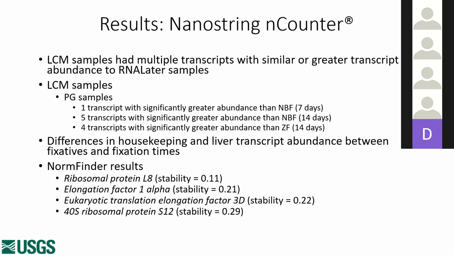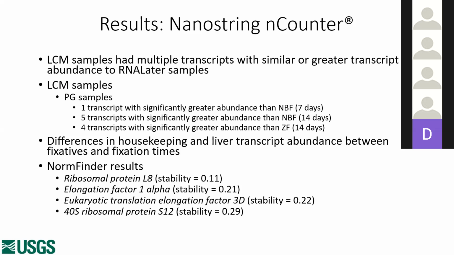There were actually differences in housekeeping and the other liver transcript abundances between the fixatives and fixation time. So what this means is that for each study that we are going to pursue in the future, it would be in our best interest to optimize which housekeeping transcripts work best with each type of tissue sample being used.